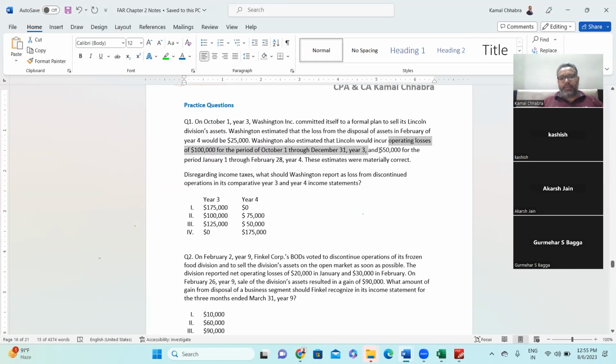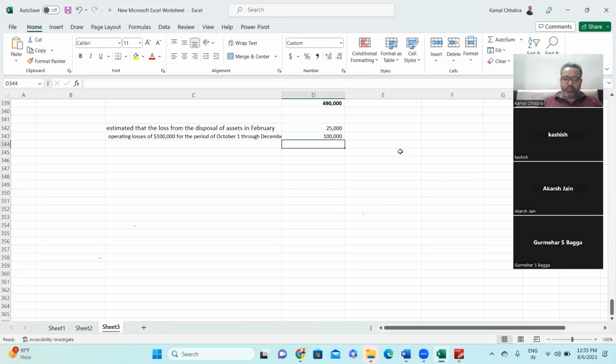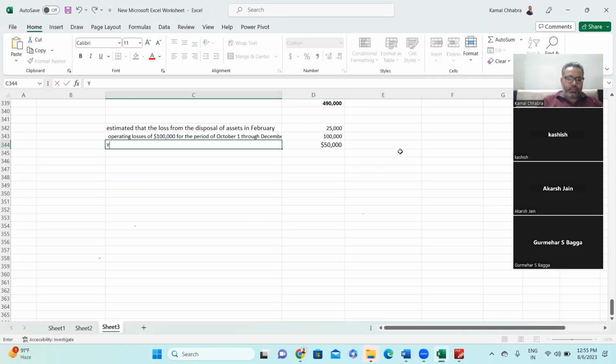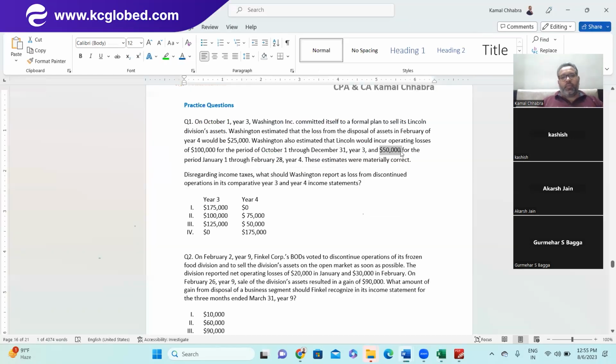And they are expecting $50,000 in year 4, right? So this will be year 4. So these estimates are materially correct.